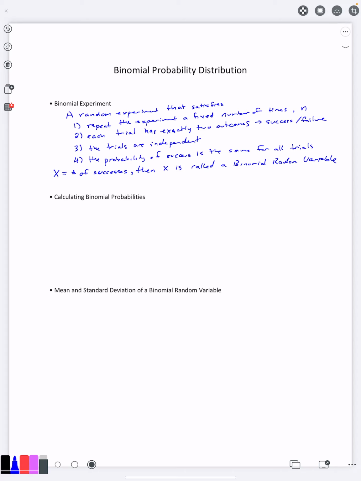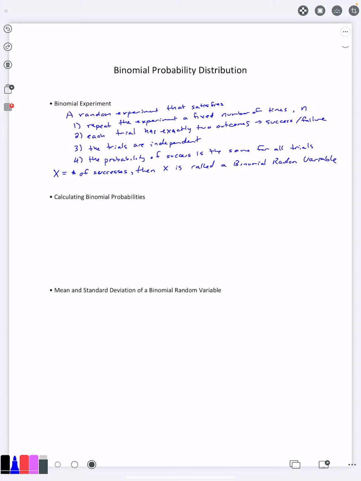Now, one of the nice things about the binomial random variable is you don't have to try to figure out the sample space. You don't try to figure out the size of any event here. If you want to find a probability, there's a very straightforward formula.